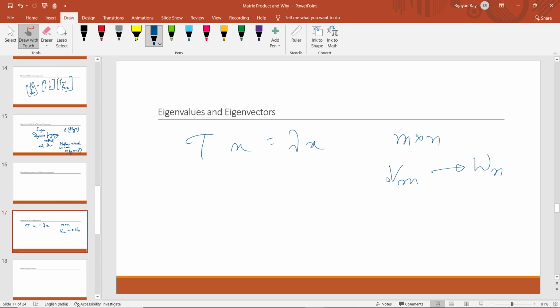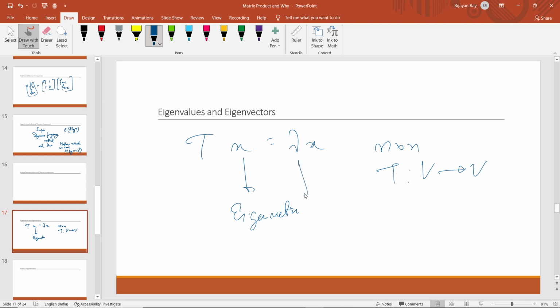For this to happen, it has to be a square matrix, so T maps V to V. In that case, if somehow the matrix preserves the direction of the vector it has acted on, then the vector is called the eigenvector, and the scalar multiple lambda x is called the eigenvalue.